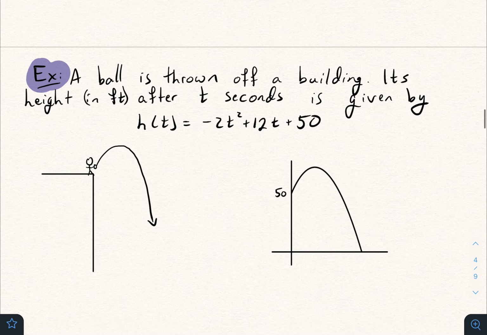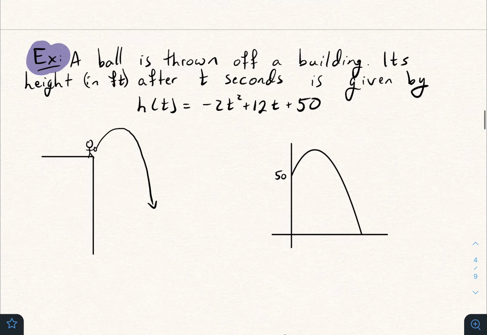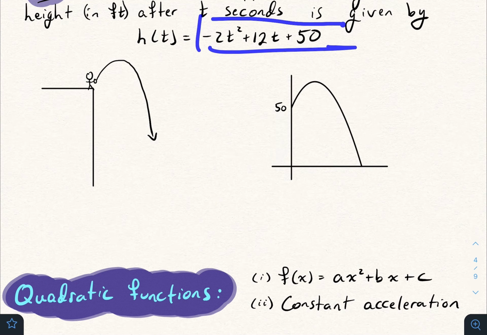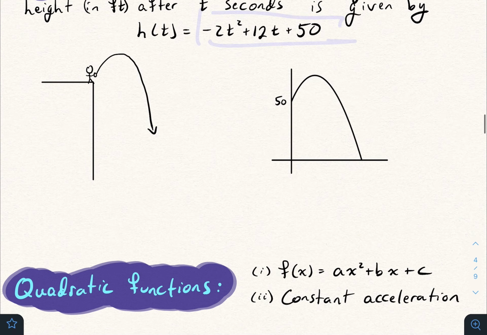But that's not really too important. Effectively, this graph is going to look very similar to the arc that you're throwing the ball off the building for. And so this is an example of a quadratic function.